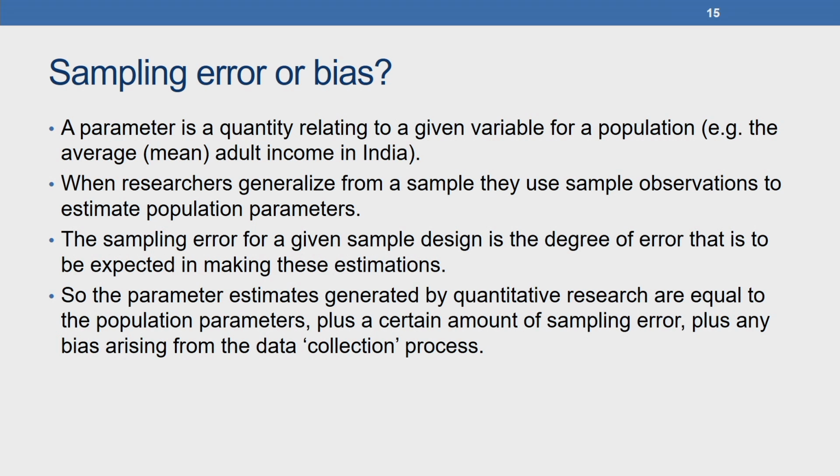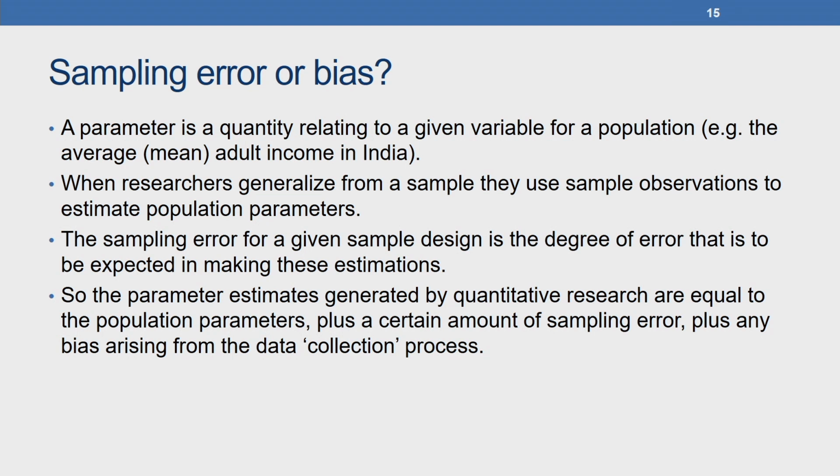So, you have non-sampling error and you have sampling error. All those biases enter into non-sampling error, but sampling error is the degree of error that we are expecting to make when we are making these estimations from sample to population parameters.